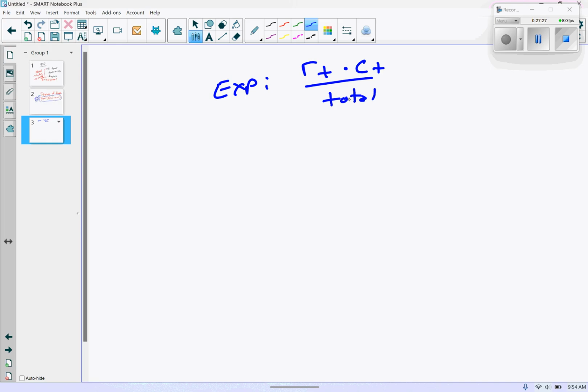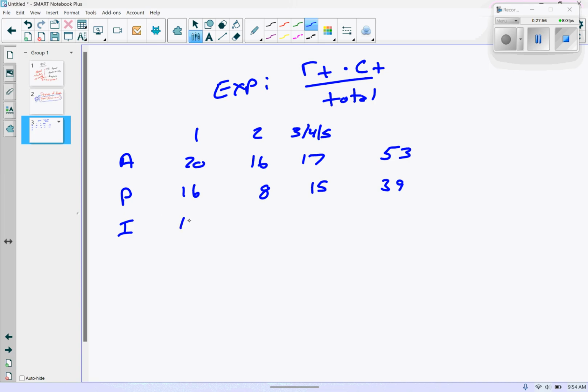So if I have my Atlantic, Pacific, Indian categories 1, 2, and 3, 4, 5. Over here on the right is still the same because we're still talking about the same number of storms. And down here is 46, 38, 36, and 110.